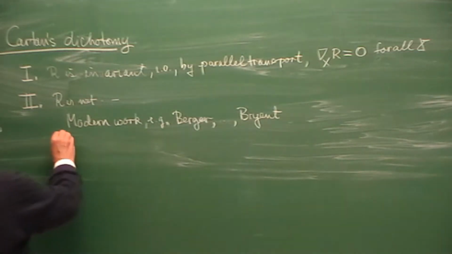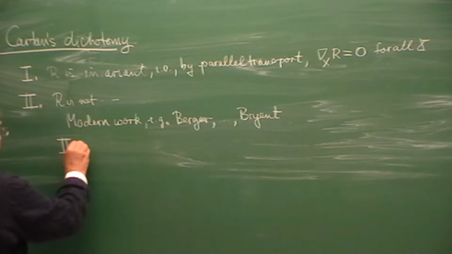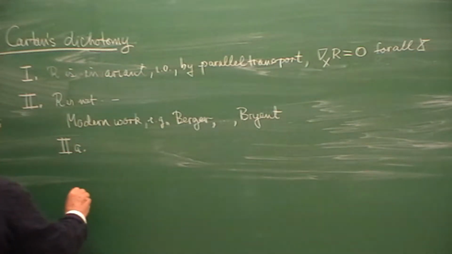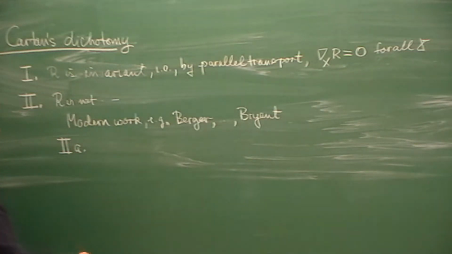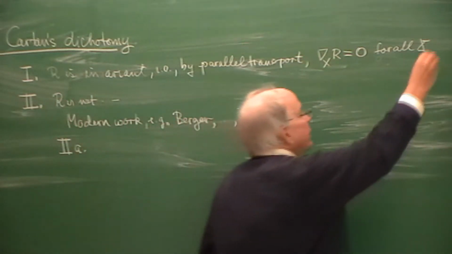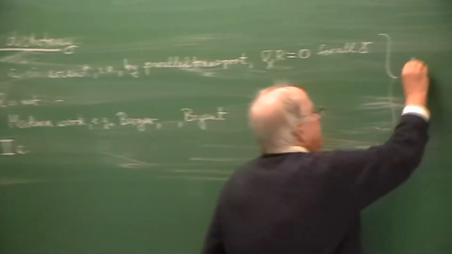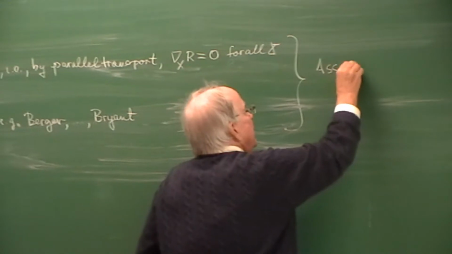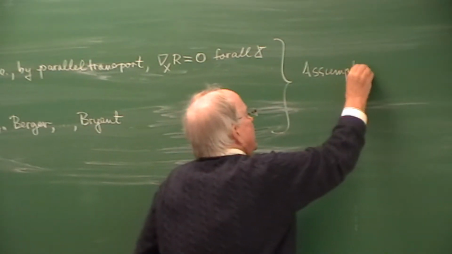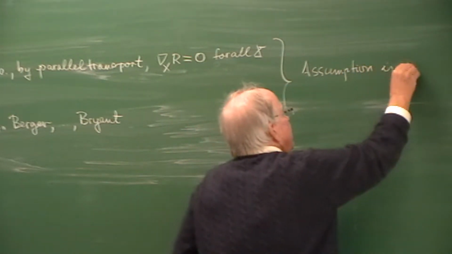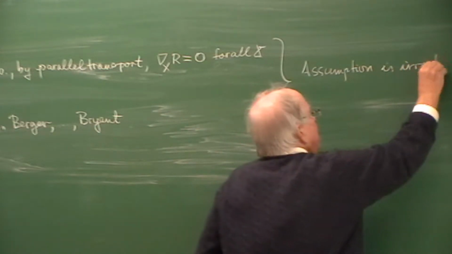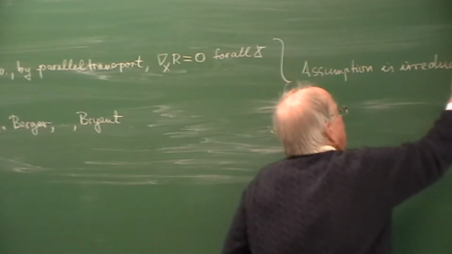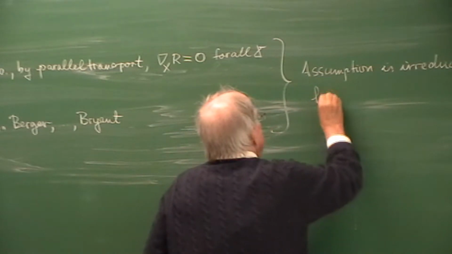So here is 2a. So I have to say something here. The assumption for all of this, the assumption for the classification is irreducible holonomy representation.